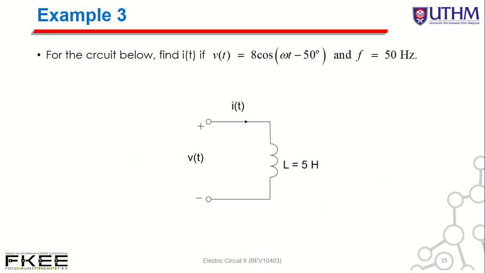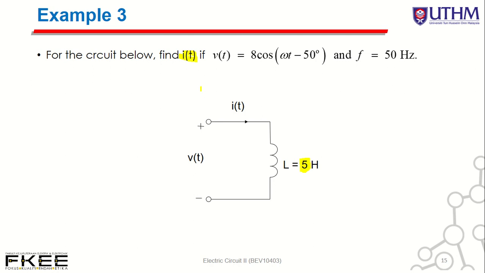Look at example number 3. For the circuit below, find the current IT if VT is given equal to 8 cos omega t minus 50 degree with a frequency of 50 Hz. Given L equal to 5 Henry, which is the unit of inductor. This is a time domain circuit. So how to find current?